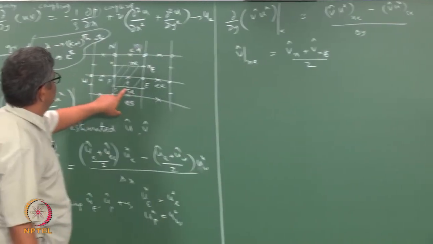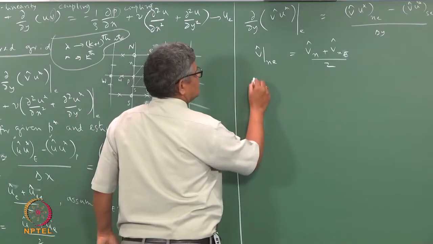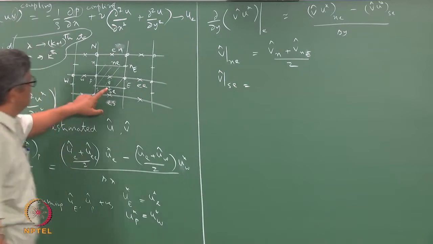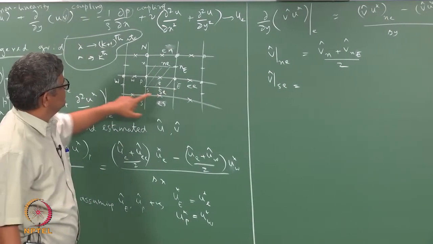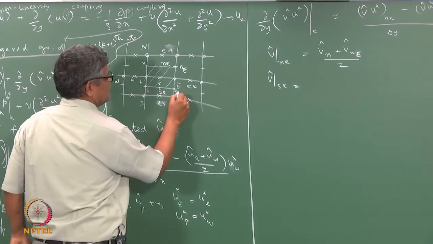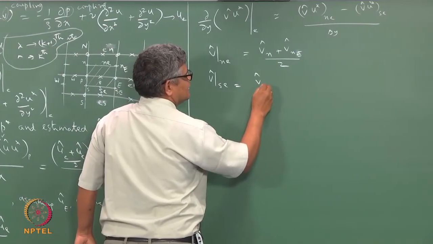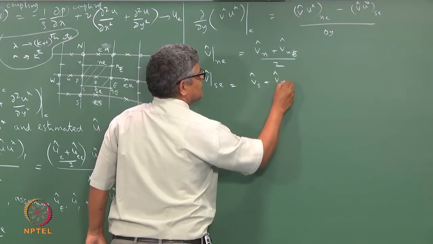And similarly here, V hat at SE, this point, is the average of these two. And we will call this again SE here. So this is V hat at S plus V hat at SE by 2.